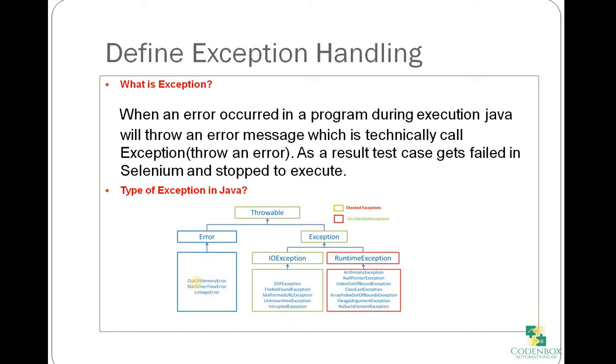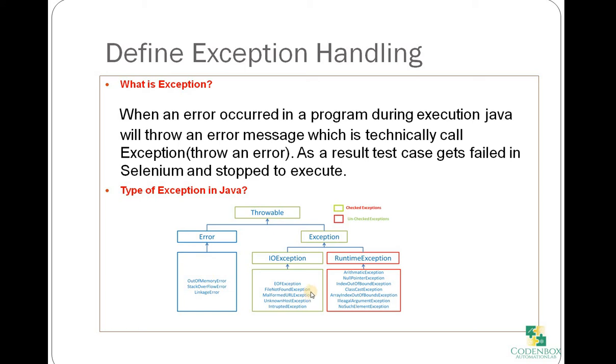On the other hand, there is exception, which is a programmatical error. Exception is of two types. One is IO exception, or input output exception, and the other is runtime exception. Input output exception is like file not found exception.